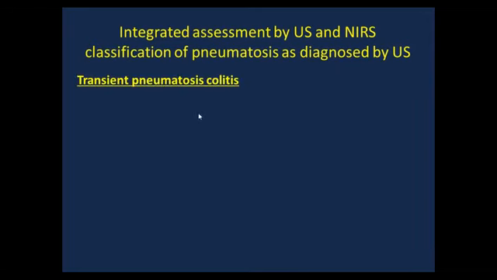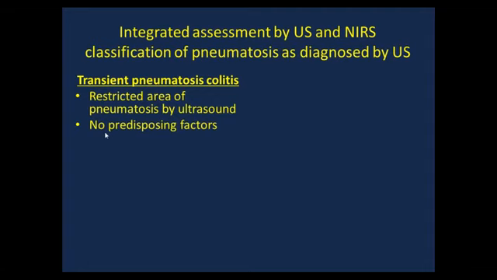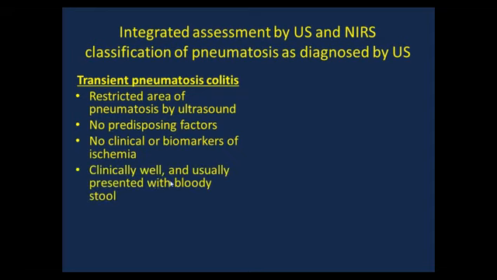In our center, we rely on both ultrasound and near-infrared spectroscopy for classification of pneumatosis as diagnosed by ultrasound. We have 2 main categories. Transient pneumatosis colitis, which is not really necrotizing enterocolitis: only restricted areas of pneumatosis by ultrasound, no predisposing factors like prematurity or congenital heart disease, no clinical signs or biomarkers of ischemia.